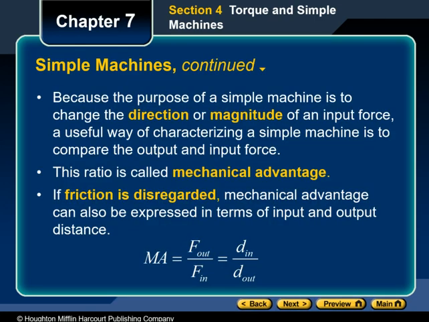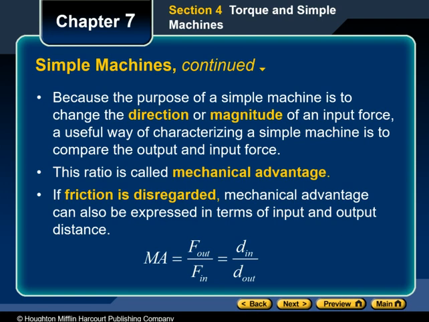Using simple machines. Because the purpose of a simple machine is to change the direction or magnitude of an input force, a useful way of characterizing a simple machine is to compare how large the output force is relative to the input force. This ratio is called the machine's mechanical advantage.